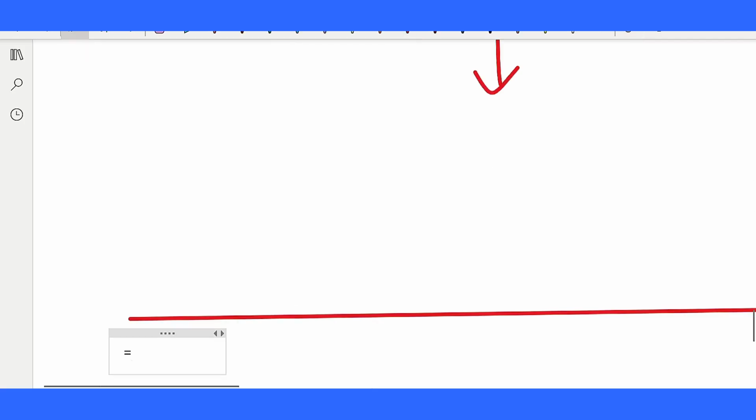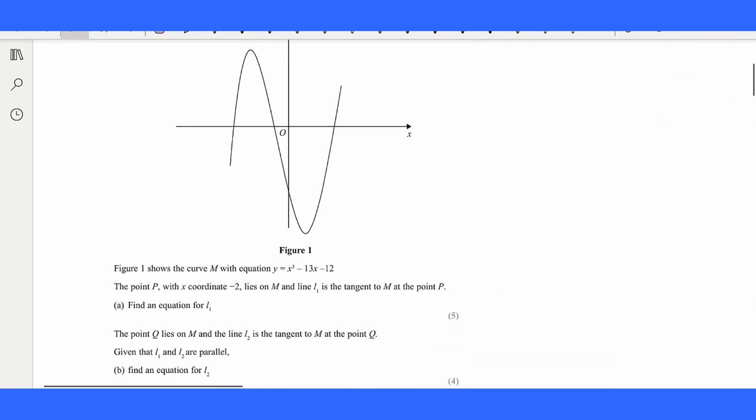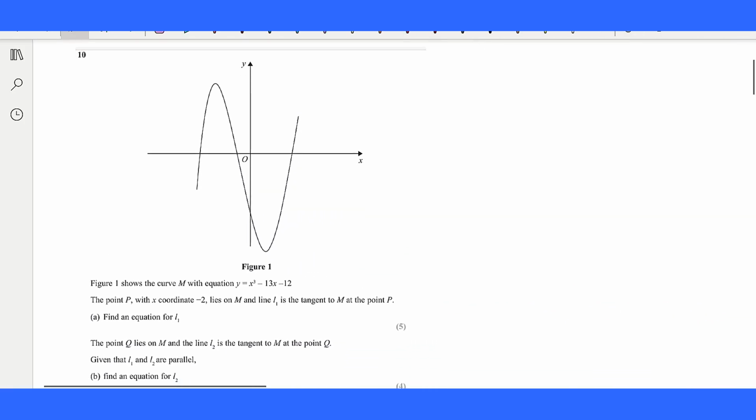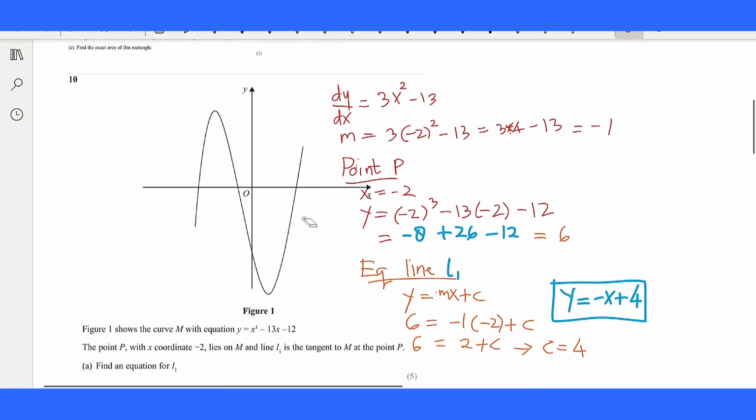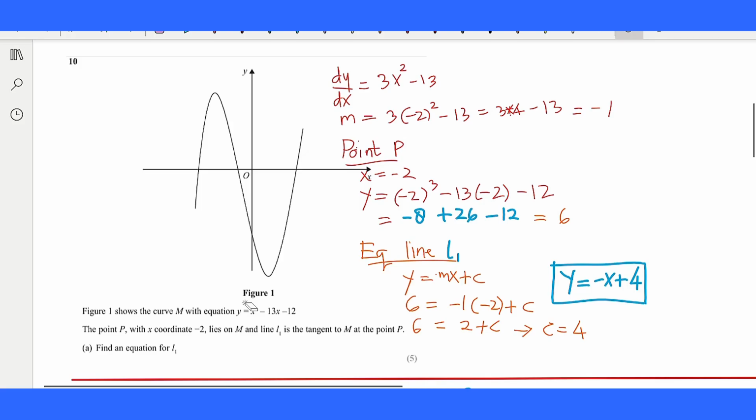You may pause this video and take your time to solve this. So here's the discussion. We have a tangent L1. We can find this by taking the first derivative of the original equation, y equals x cubed minus 13x minus 12.